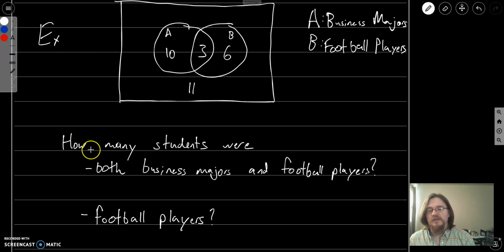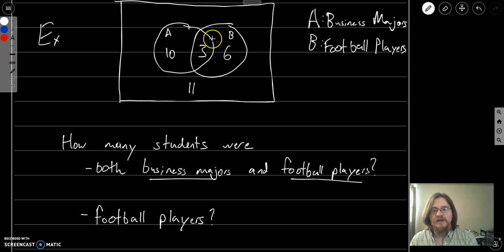So how many students were both business majors and football players? So we come up to our Venn diagram, and we see that A is going to be all the business majors, and B is going to be all the football players. So if we're looking for things that are both business majors and football players, those are going to be the people that are in both of the sets at the same time.